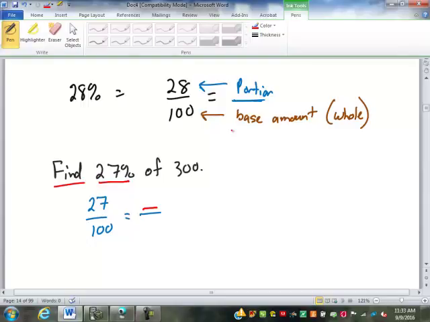So then we said there's a number that matches up with 100, which is the whole amount or the base amount. Think of it as the number we're trying to get out of. Find 27% of 300. Another way that could have been worded is 27% out of 300, which implies that 300 goes on bottom.